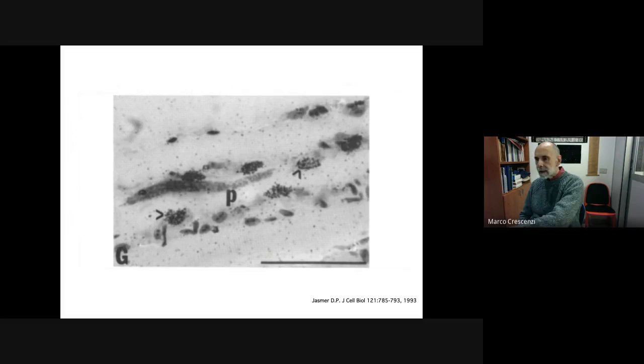Another example is shown here. This is skeletal muscle infested by Trichinella spiralis, which is a parasite of muscle that triggers nuclei in fibers. Here are nuclei from this fiber, 1, 2, 3, 4. These are nuclei from another fiber that runs like this. Another fiber is here. And when you see black granules on these nuclei, it means they have incorporated tritiated thymidine, which is an old marker showing DNA synthesis.